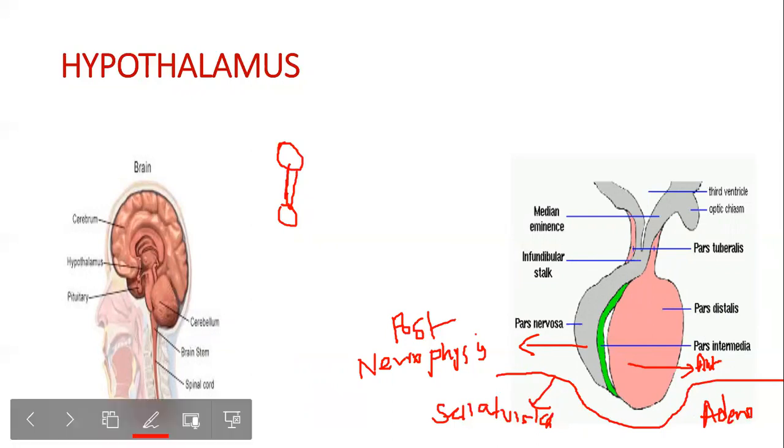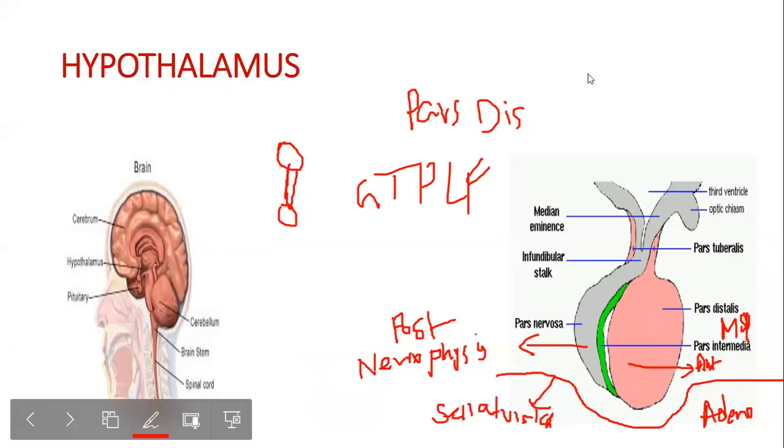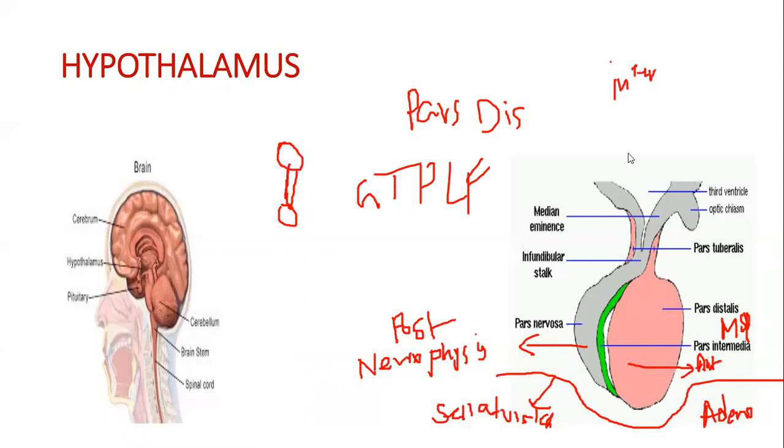The pars distalis region of the pituitary, also called the anterior pituitary, produces a group of hormones. How to remember what hormones it gives? You can remember it as GTPLF. Whereas pars intermedia gives just one hormone, melanocyte stimulating hormone, MSH.